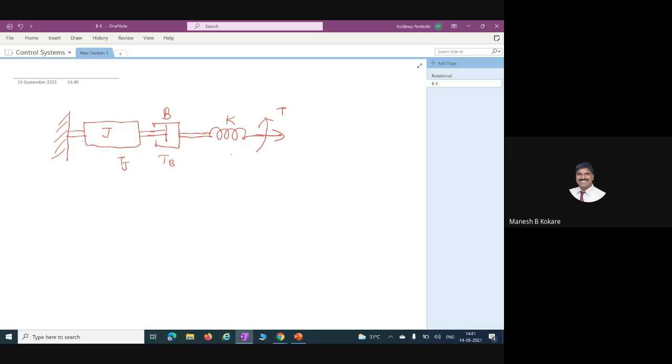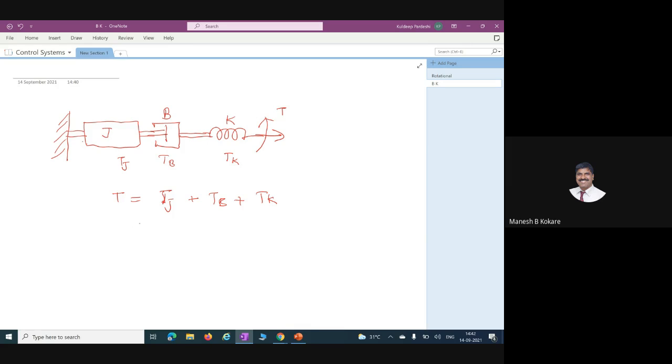What will be the torque offered by this one? That is equal to Tk. Now, the applied torque T is equal to Tj plus Tb plus Tk. That is, the applied torque is equal to the opposite torque offered by these basic elements, right?